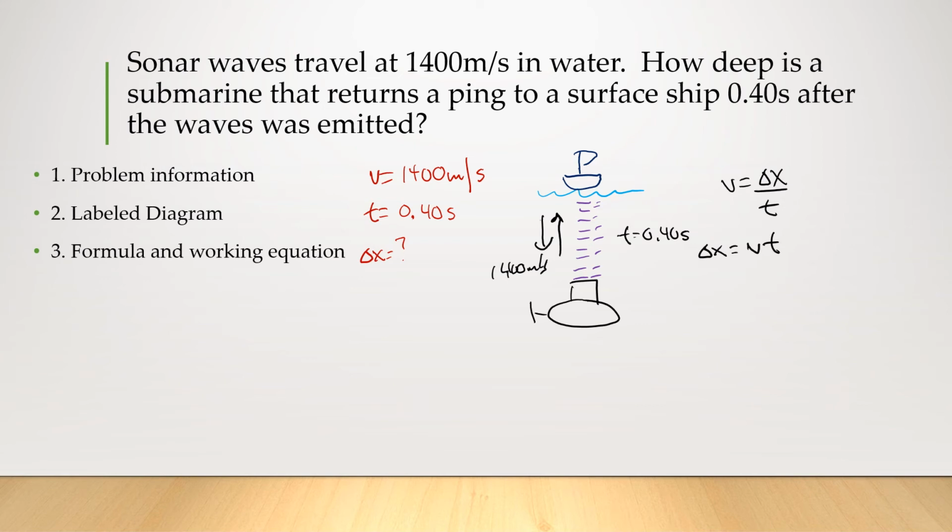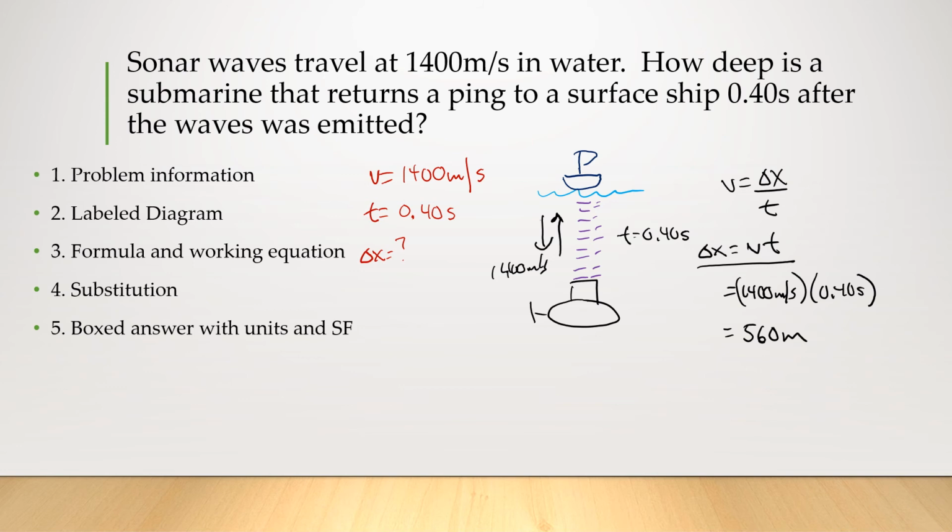So that's our working equation right there, isolated for the variable we want. Then we're going to do substitution. So we have 1400 meters per second times the time of 0.40 seconds. And if we solve for that, that is 560 meters.